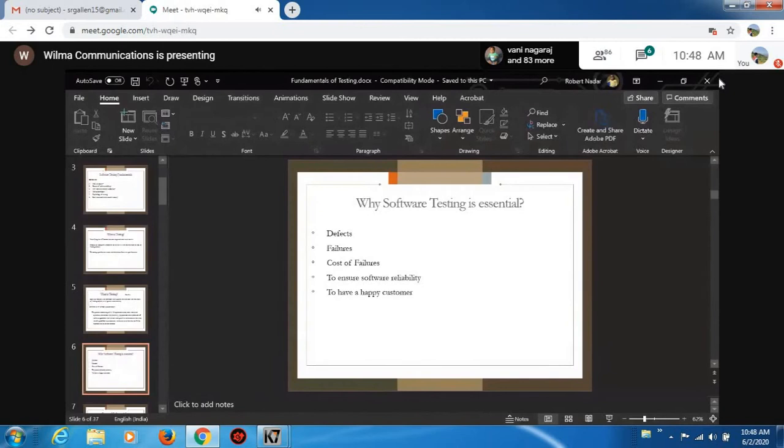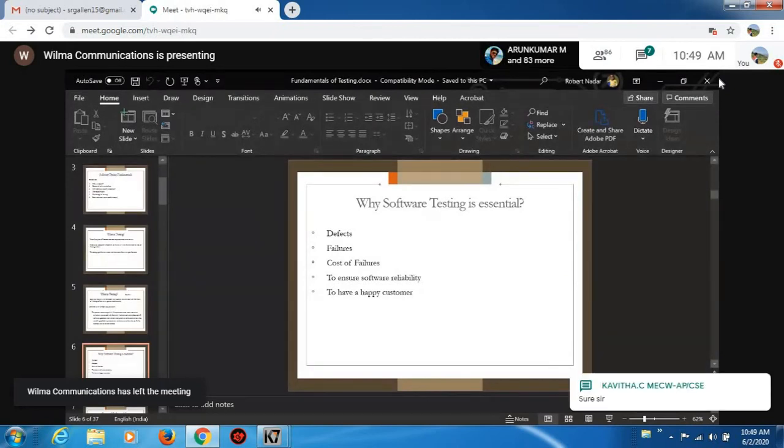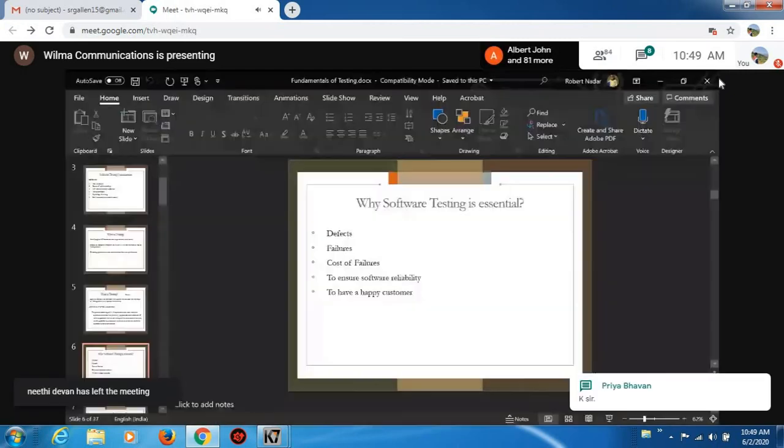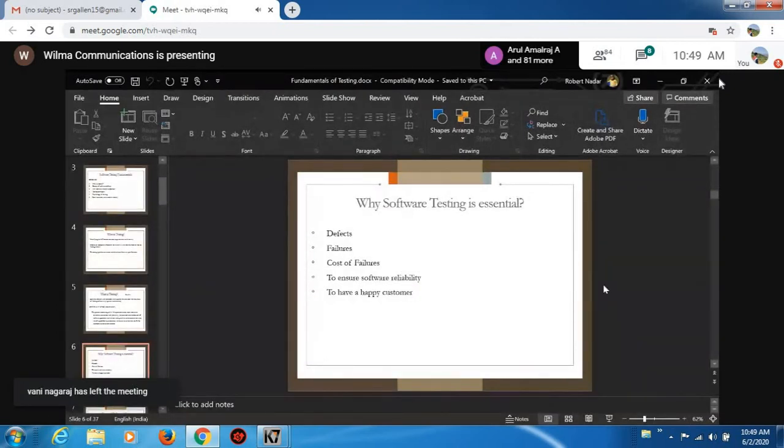When we are not conducting proper testing, and once we launch the product into the market, there is a possibility that your product might fail, that it might have failures.